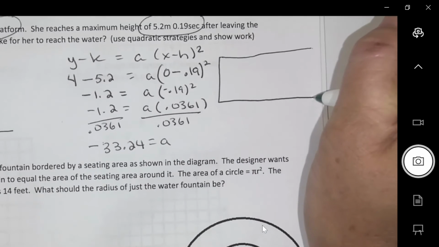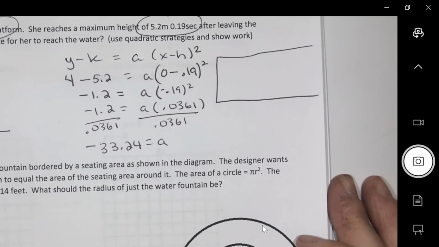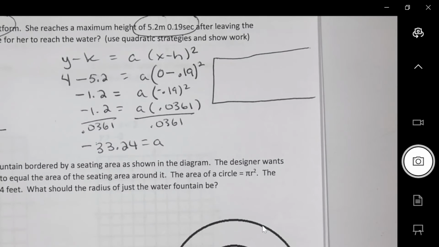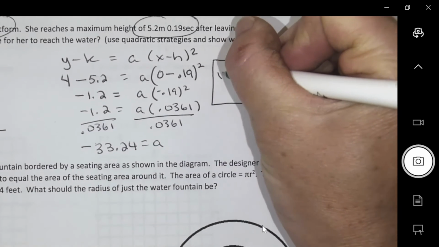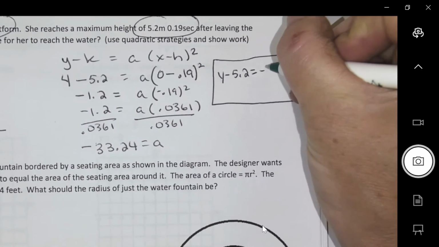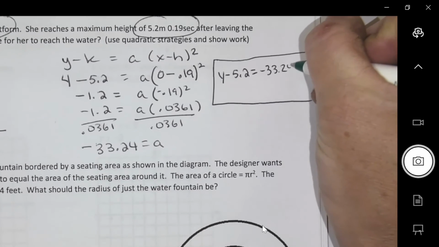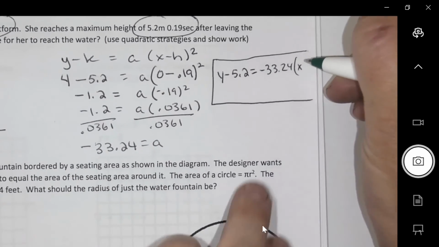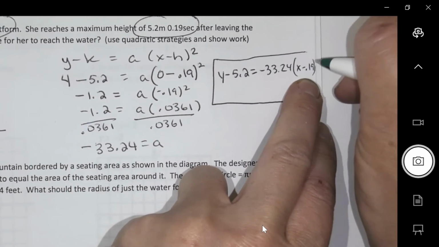Okay, so I would like an equation where I can take that equation and put it into my calculator. So y minus 5.2 equals negative 33.24 times (x minus 0.19) squared.